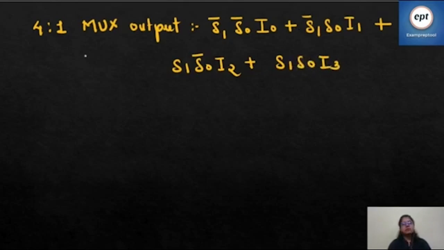So this is the output of the 4:1 multiplexer. Now, as in the question they have given us S1 equals A, S0 equals B. So you have to put all these terms in this output, and we will check the options one by one.